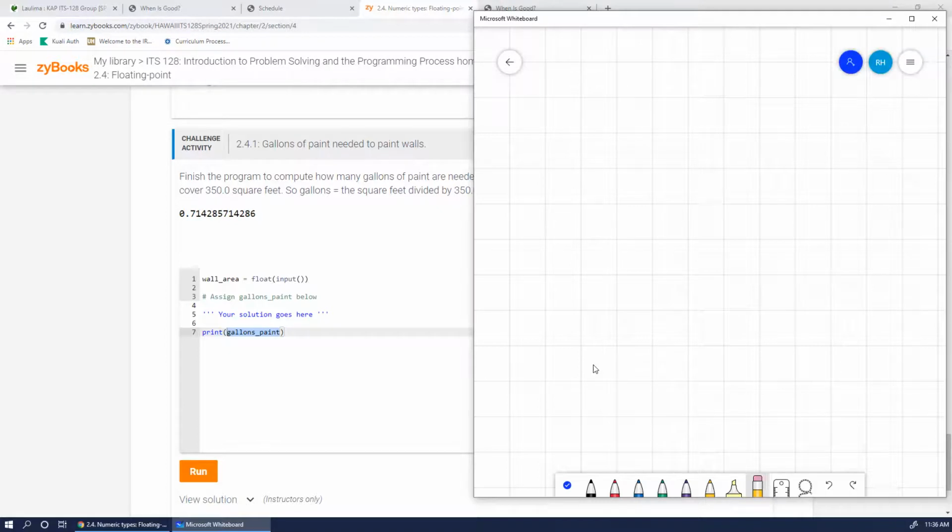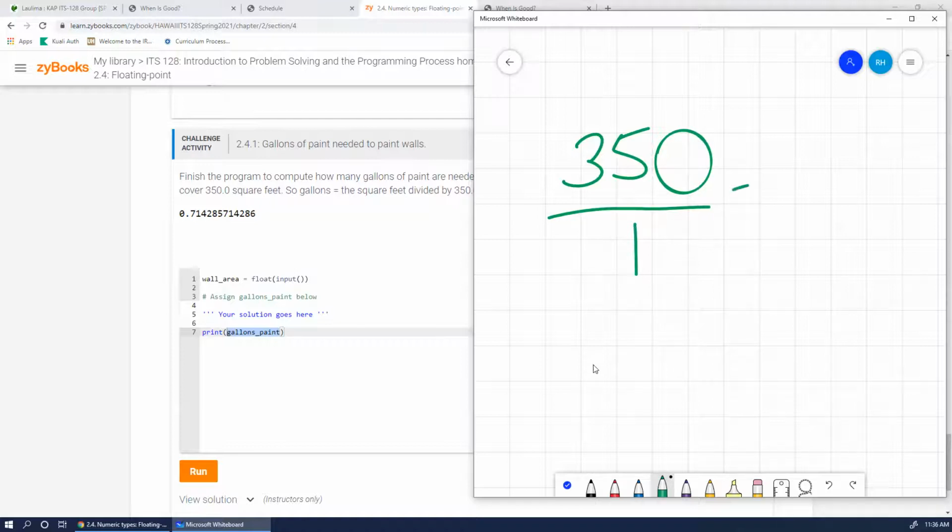So 350 square feet gives me 1 gallon. 250 square feet is X gallons.